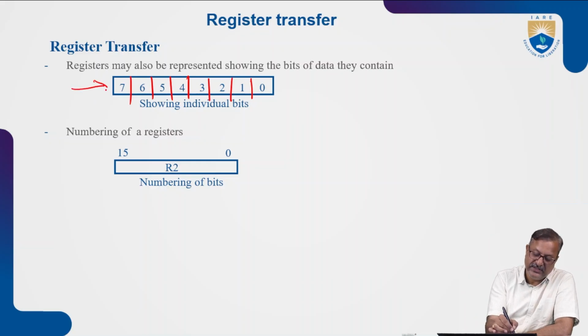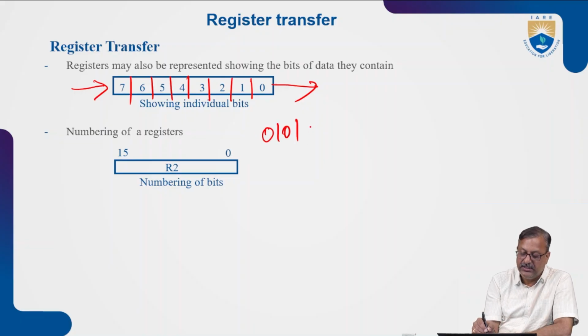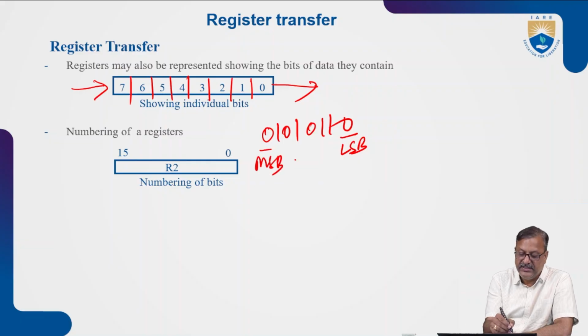The data always enters the registers from the left side and leaves from the right side. So, if I want to store, for example, 0101 and 0110, as we know this is the least significant bit, and this is the most significant bit. Now the least significant bit, 0, enters here.